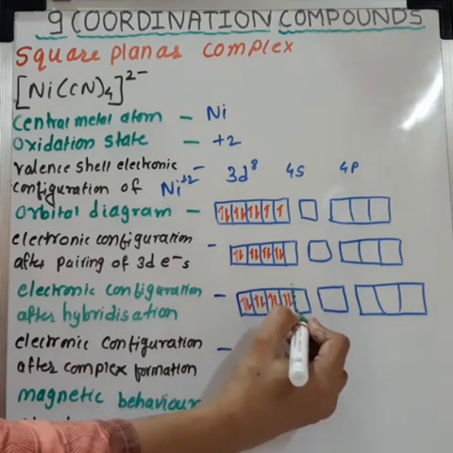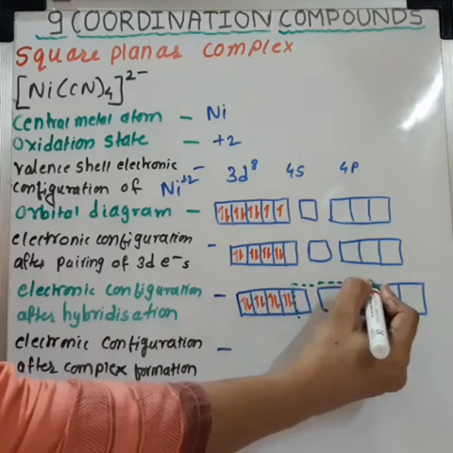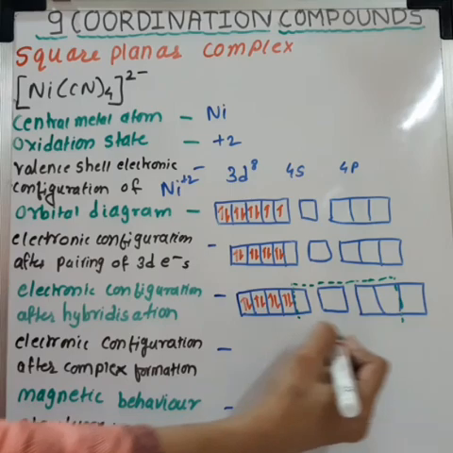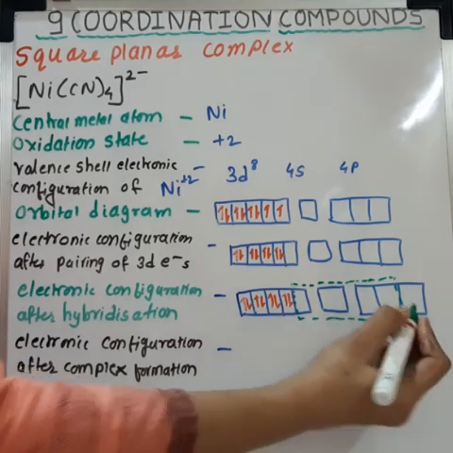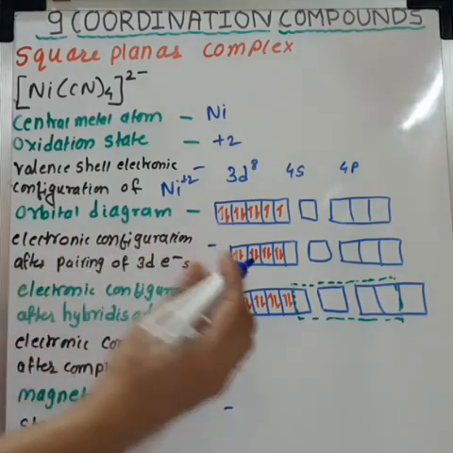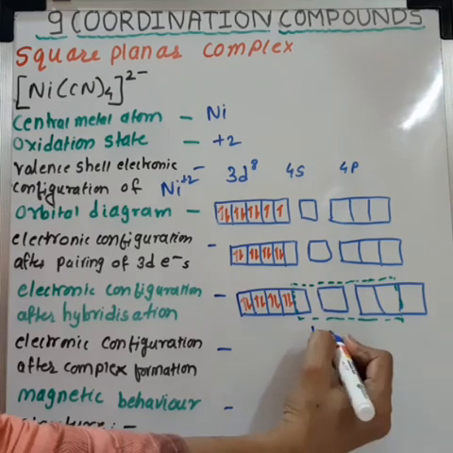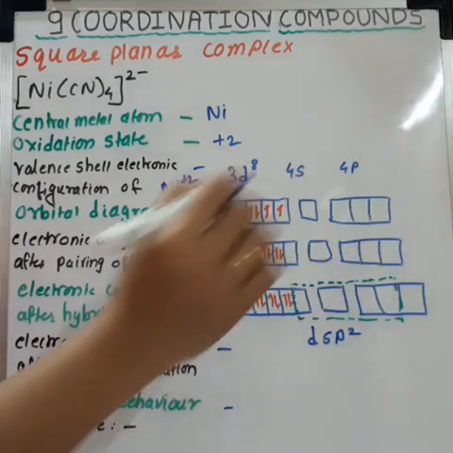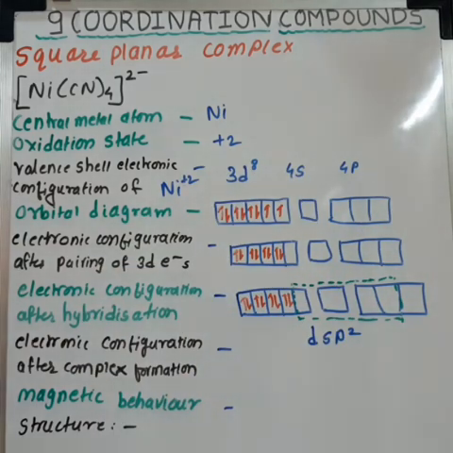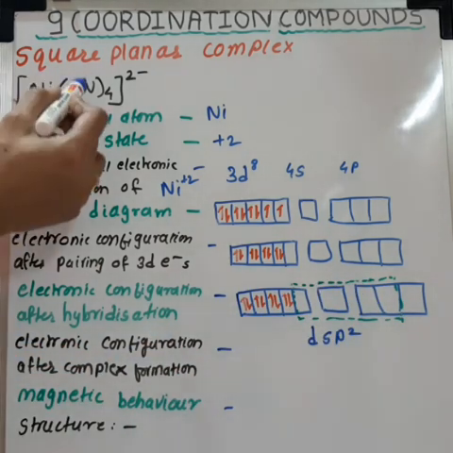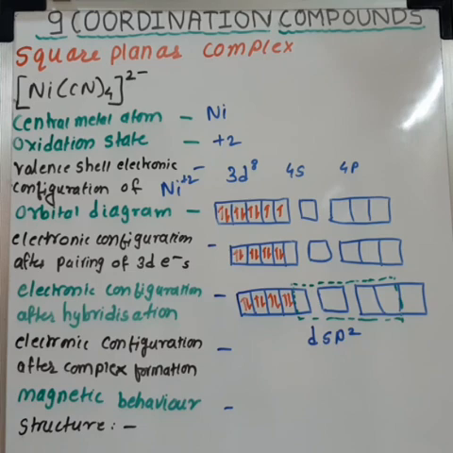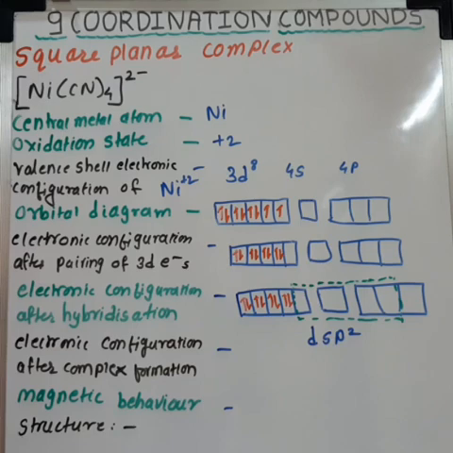hybridization takes place in these 4 orbitals, and this is dsp2 hybridization. Now these vacant dsp2 hybrid orbitals overlap with filled CN molecules and form a coordinate bond between nickel and cyanide.